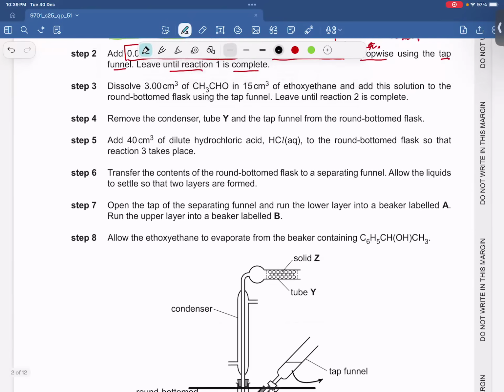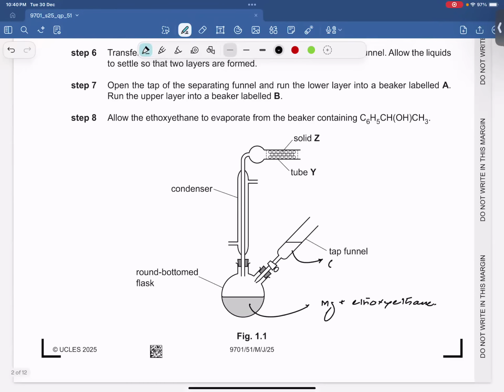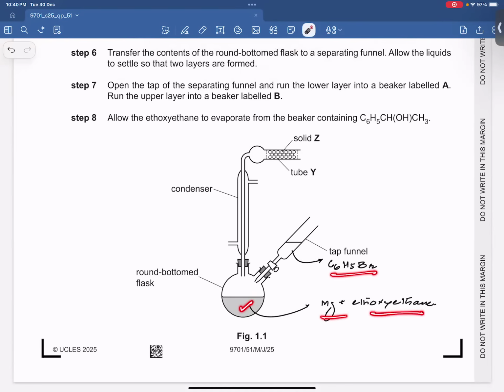So this tap funnel contains C6H5Br, and you need to add bromobenzene drop by drop into the flask. And when this compound reacts with these reagents, obviously alkyl magnesium bromide is formed, and that's going to be your Grignard reagent.